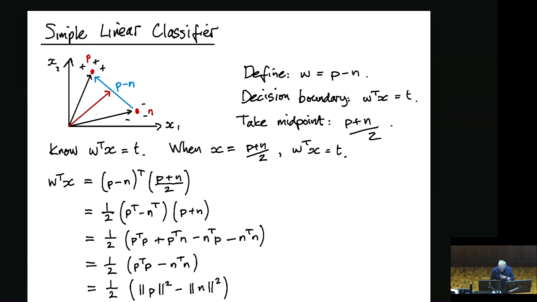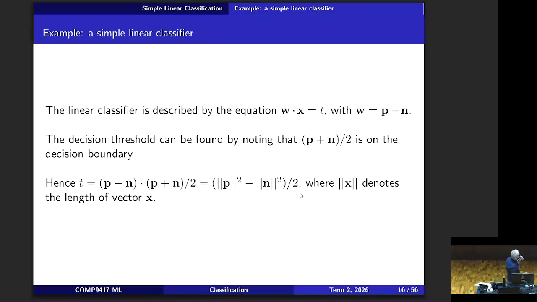Essentially, you expand these two things out, and then there are common terms in the middle, and you end up with this, and rewritten in the form of the Euclidean norm, it gives you the thing that we wanted at the outset. So that is how we get that simple classifier that we said we wanted.